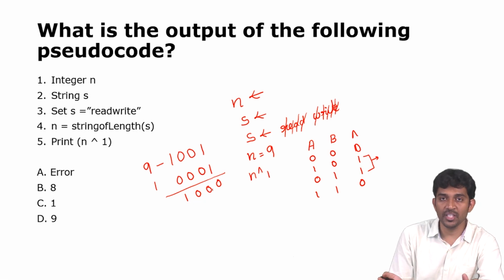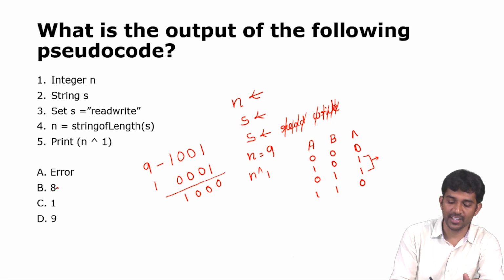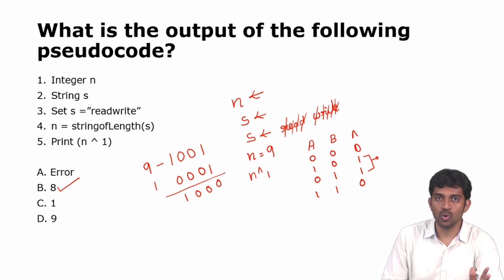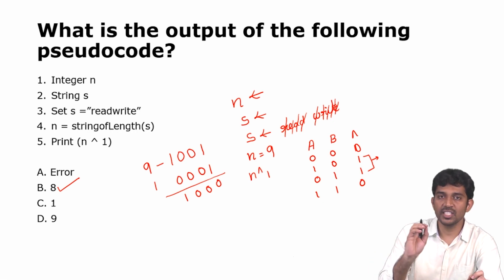If you convert 1, 0, 0 into decimal format, the result is 8. Got it? This is one kind of pseudocode. Definitely in the TCS Ninja paper, we may expect 1 or 2 bits of the same kind of pseudocode.